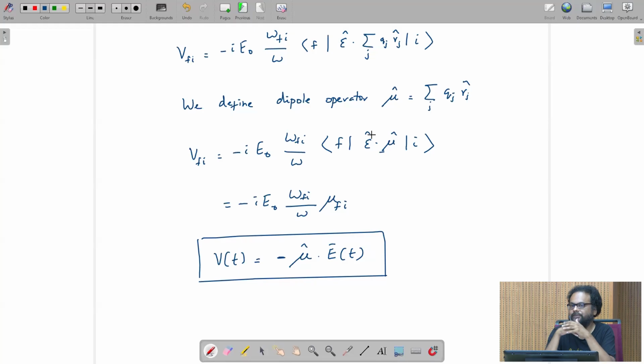The interaction potential is simply the dot product with the electric field of the electromagnetic field, with your position operator multiplied by the charge of the particle.